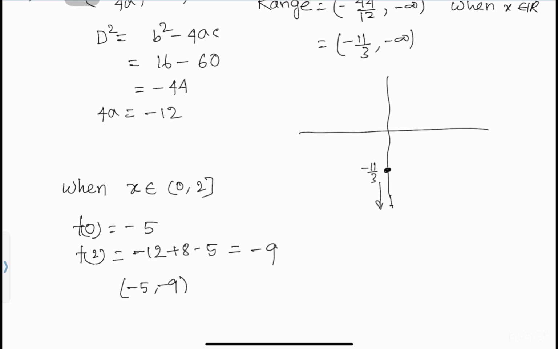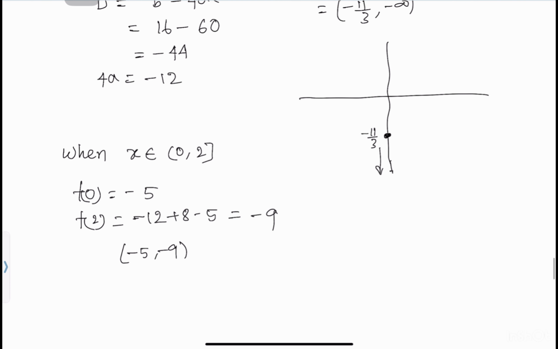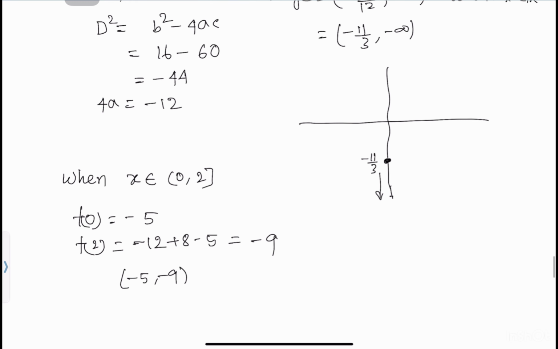Okay, now tell me one thing, if it is minus 5 to minus 9, but the corresponding functional value is minus 5 to minus 9. Okay, here is the twist. The graph looks like this. I am drawing again.